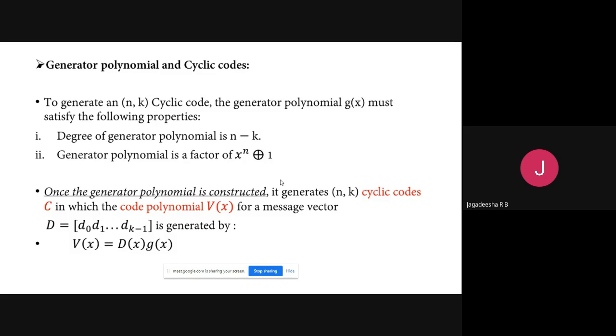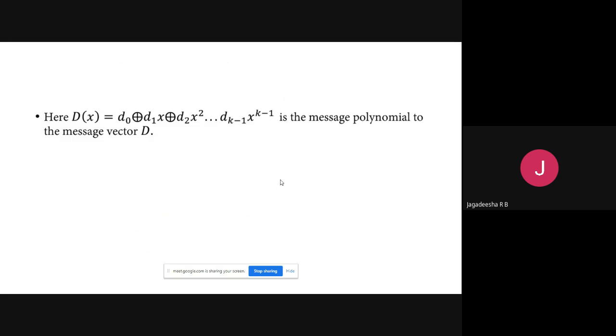Then we will get a generator polynomial. After that, we just need to multiply the data, which will be given, with the generator polynomial. We will get v(x), which is nothing but the cyclic code that we want. So this is the general theory. We will see it in the next slide.